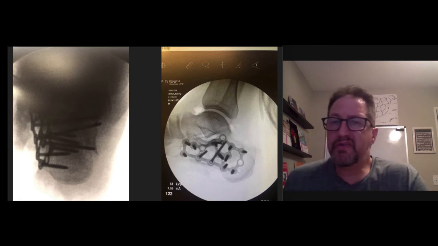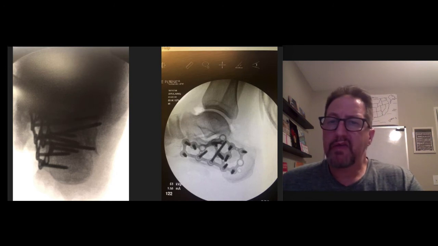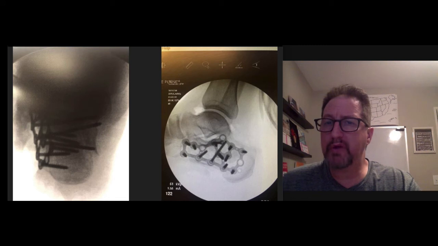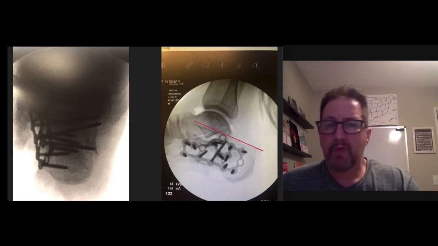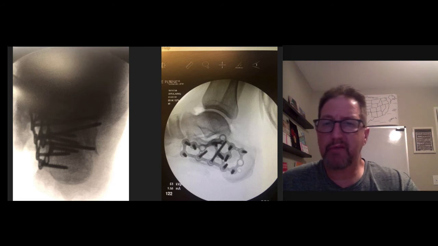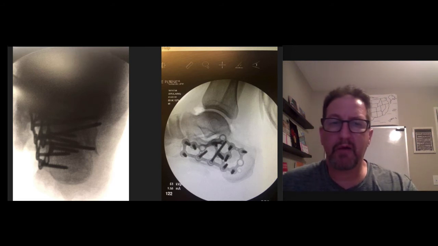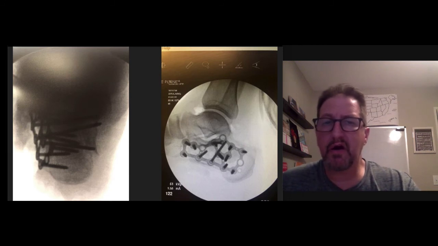Now you can see in this case that when we look at the calcaneal axial view, the one on the left, so we're looking at the calcaneus from a posterior to anterior view, the pieces are not quite lined up well. So let me go over to the other side, because the way I have this set up, I want you to see that it might look pretty good on the lateral.